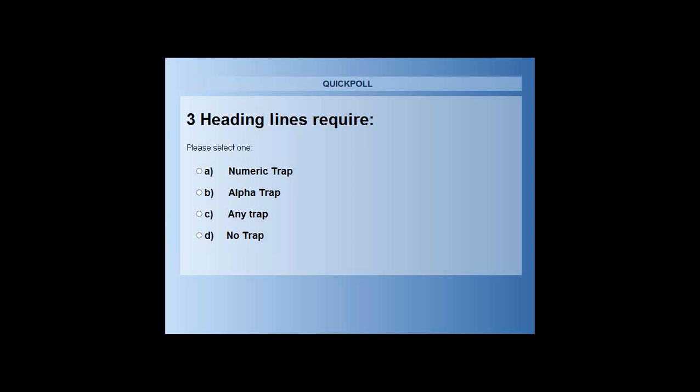Question is, heading lines require numeric traps, alpha traps, any traps, no traps. We'll close that and hopefully share the results.